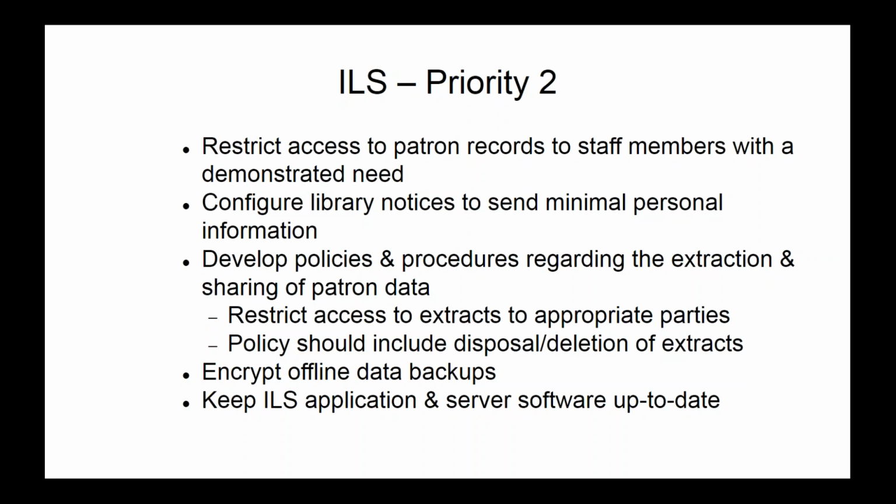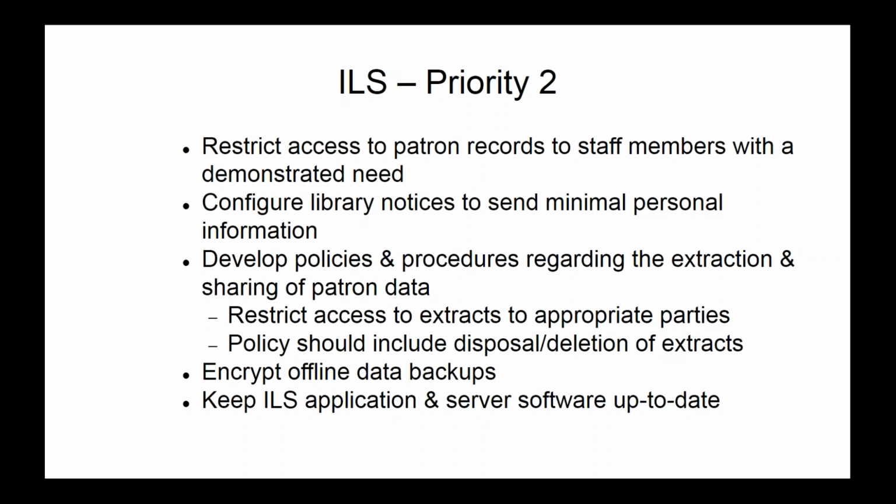So this is priority 2: restrict access to patron records to staff members with a demonstrated need. A volunteer shelving books probably doesn't need an account that allows them to see the checkout history of every patron in the system. So create accounts at the appropriate level for each staff member to avoid exposing that information.